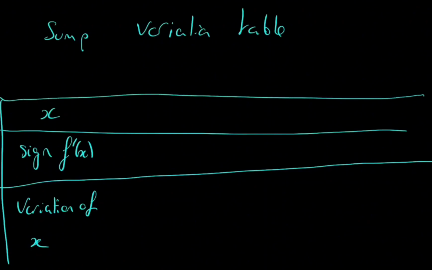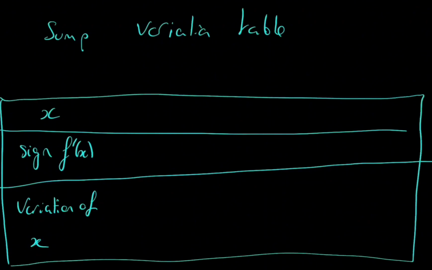So we've got this little table. So x goes from minus infinity to plus infinity. We know that the sign of f prime of x is positive for all x.